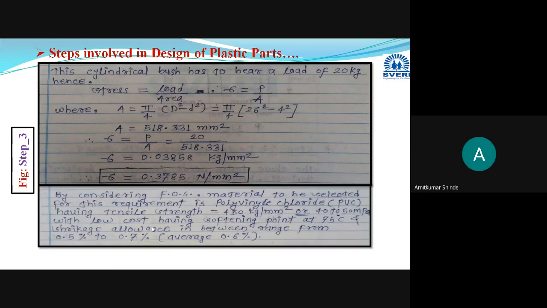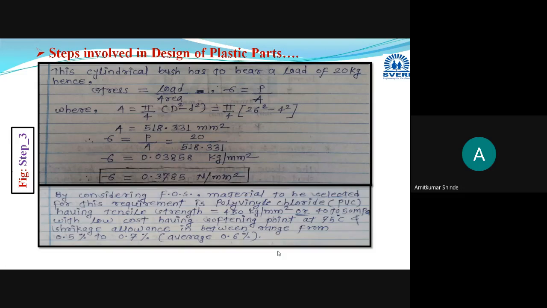This PVC material has a tensile strength of 450 kg per millimeter square, and it also has low cost. You have to consider two aspects here, that is the cost of the material and its strength. Then here is an extra point: the shrinkage allowance for this particular PVC material is 0.5 to 0.7%.